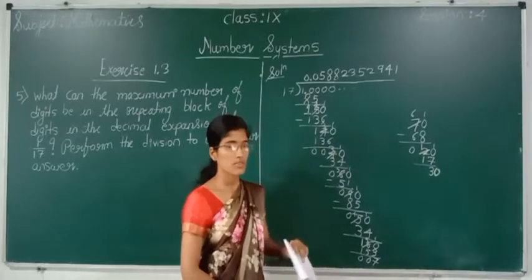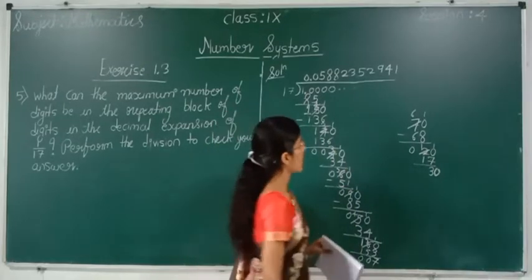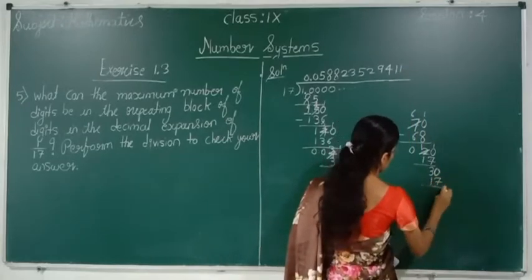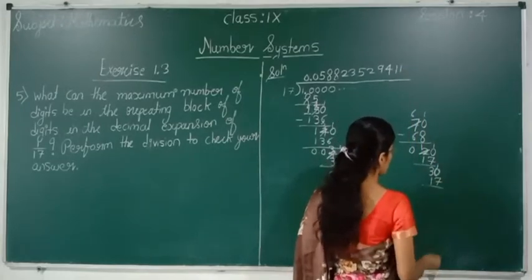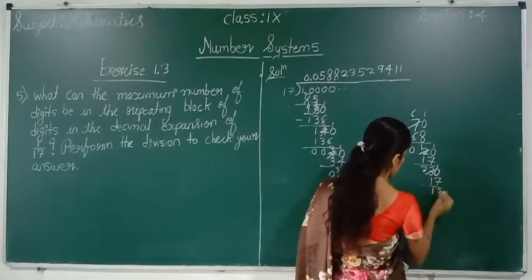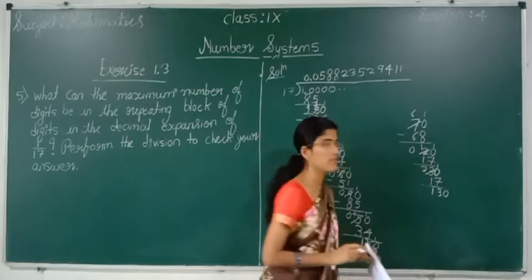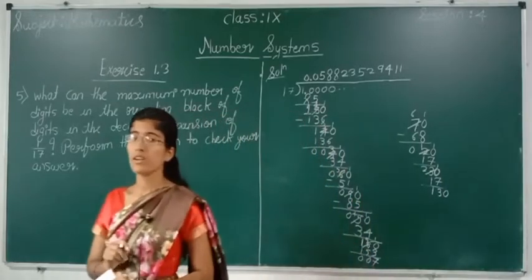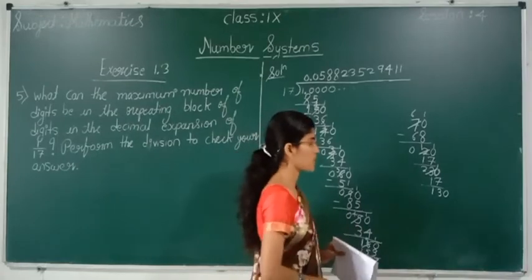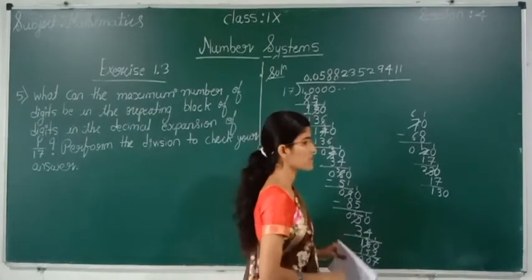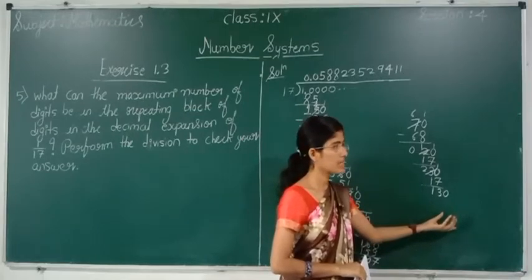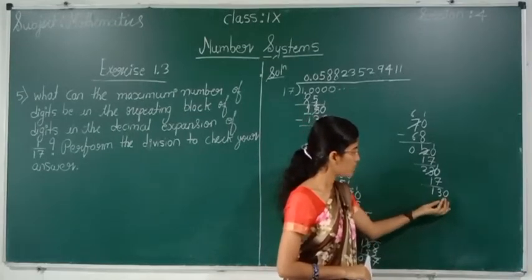Okay, 17 1s are 17. 17 2s are 34. Again 17 1s are 17. 10 minus 7 is 3. 2 minus 1 is 1. It will become 130, right? 17 6s are 102. 17 7s are 119. 17 8s are 136.